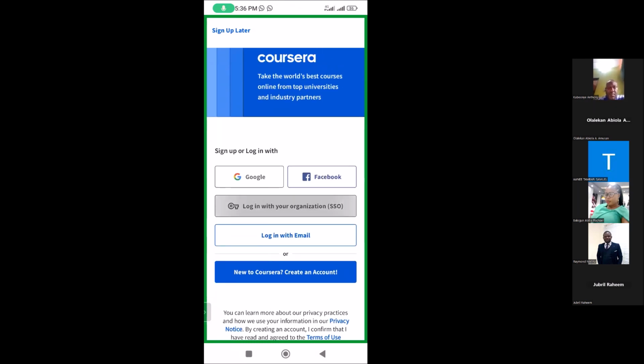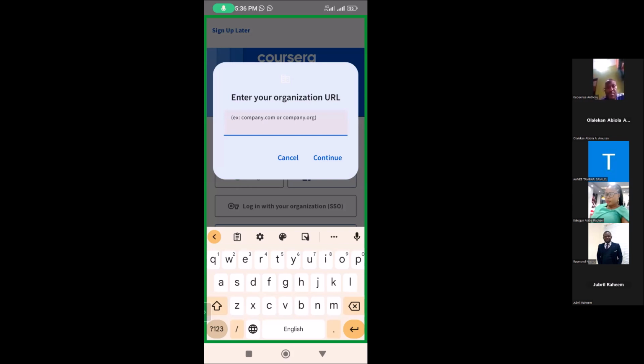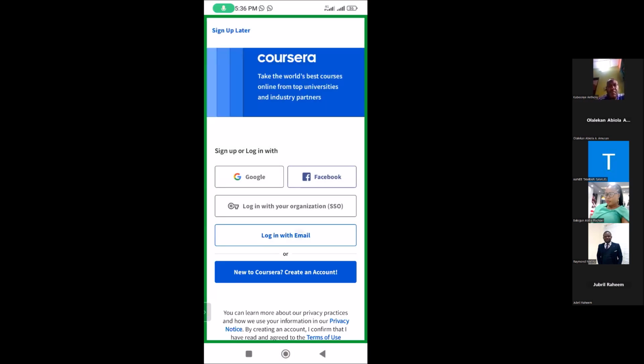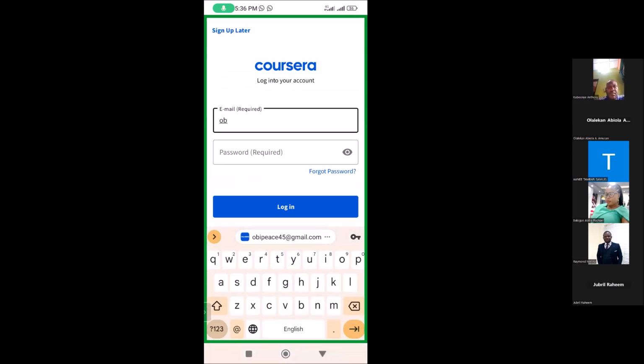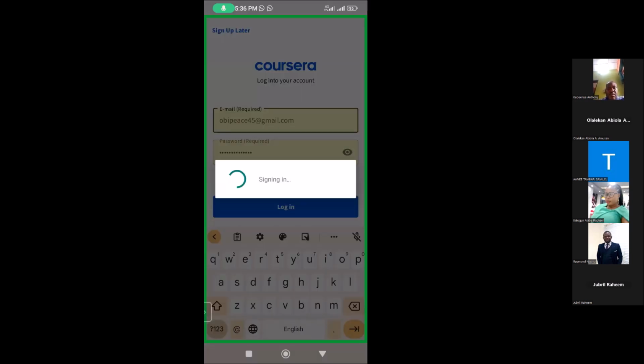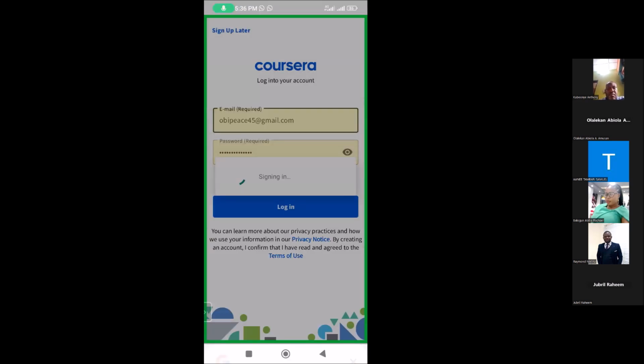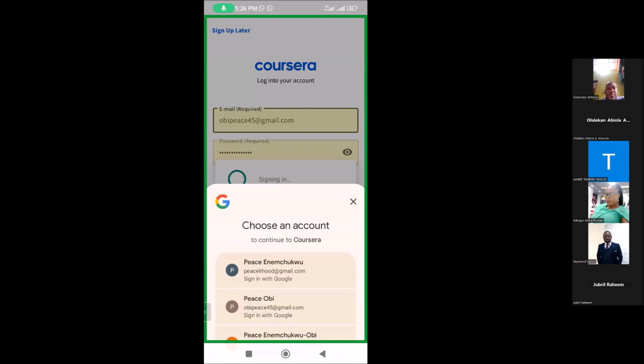You said you clicked on login with the organization? There you go. Now put in the email you were using. This is the email I sent to Blessing. When I click on it, log in with it.